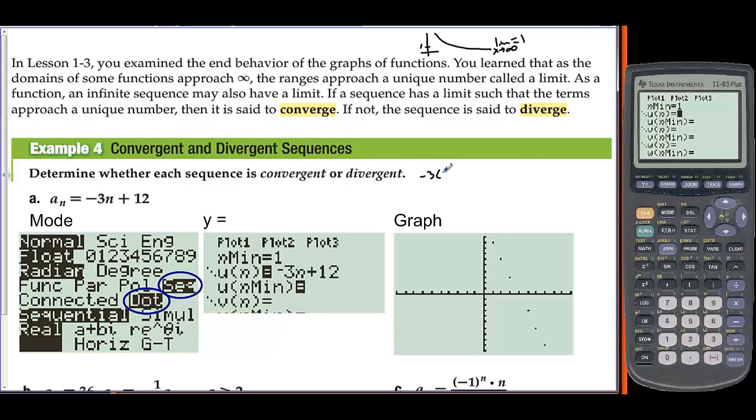We'll have negative 3 times 1 plus 12, that's going to be 9. So we've plugged 1 in, and our y value is 9. So negative 3n plus 12. And when we go to graph that, we can see that this function just keeps going down forever. It's not going to level off. We say that this sequence diverges.